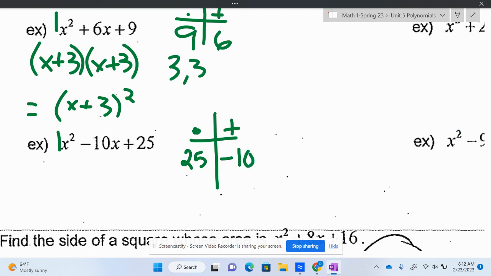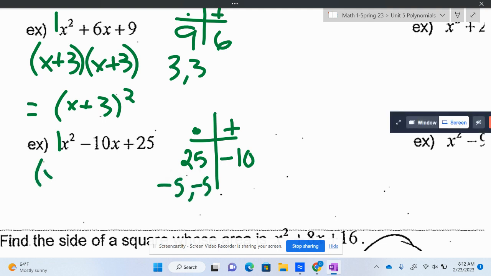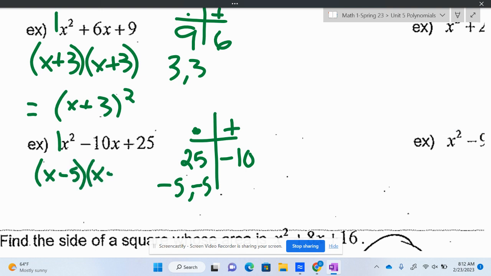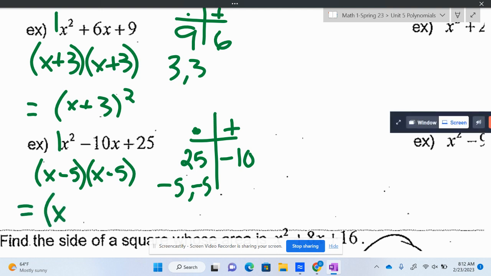You've got to know how to piece that out. So we said that the two numbers are negative 5. So I have x minus 5 times x minus 5, which is the same thing as x minus 5, the quantity squared.